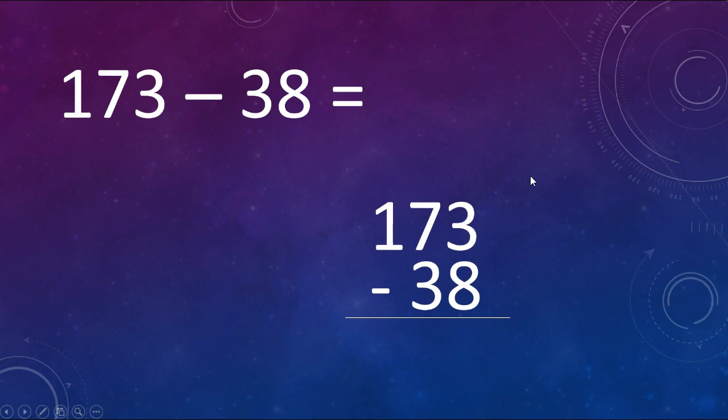Alright, let's compare our answers. Can we take 8 away from 3? No, we cannot. So what do we need to do? We need to give a 10 to the 3 to make it 13, and we take that 10 from the 7 because the 7 was so nice to give it to the 3. And then the 7 turns into a 6. So what is 13 minus 8?